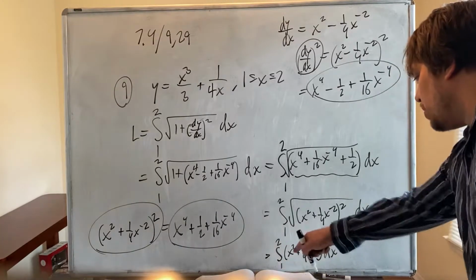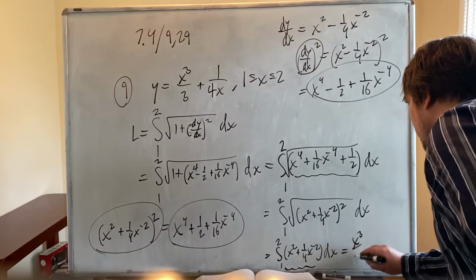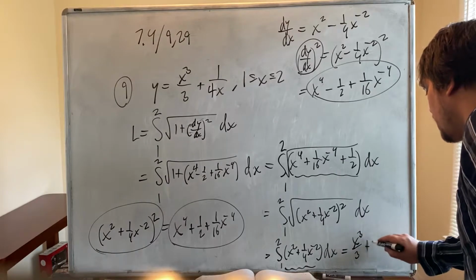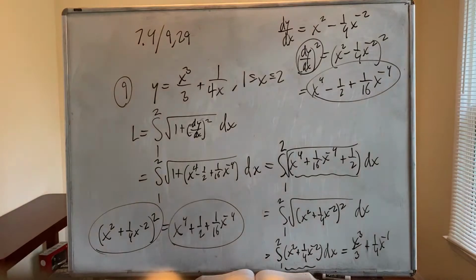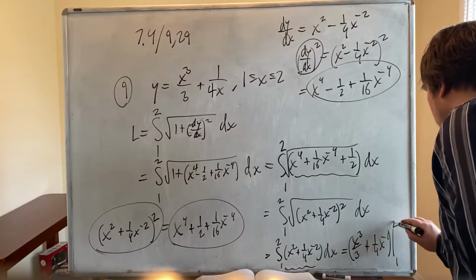And this is equal to an antiderivative of the integrand function, which is x cubed over 3 minus 1/4 x to the negative 1. Okay, and you evaluate it from 1 to 2.